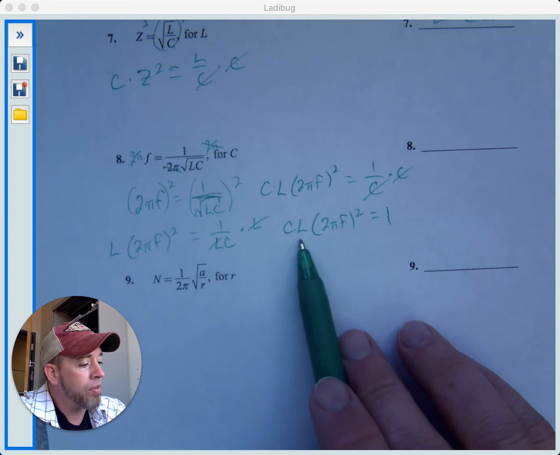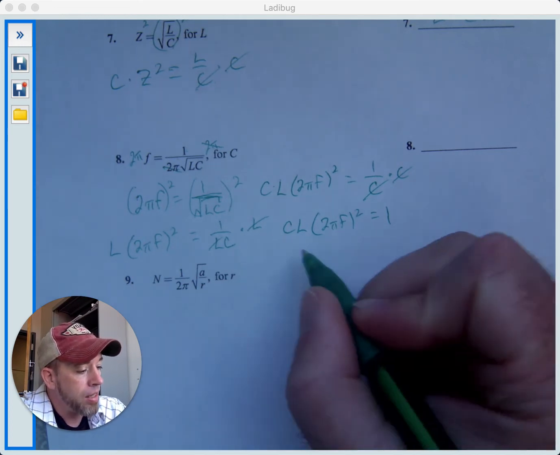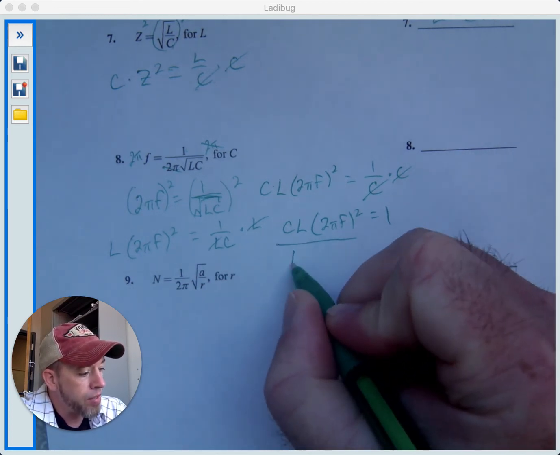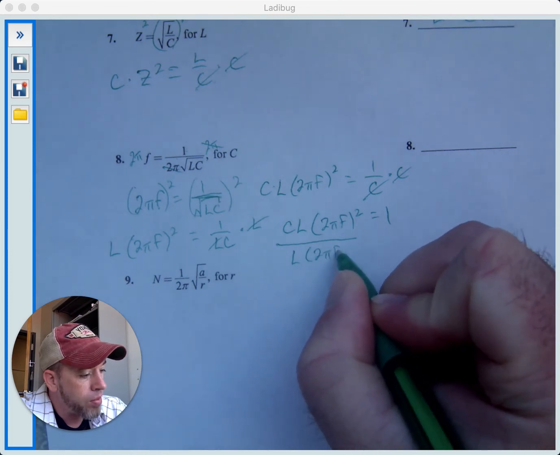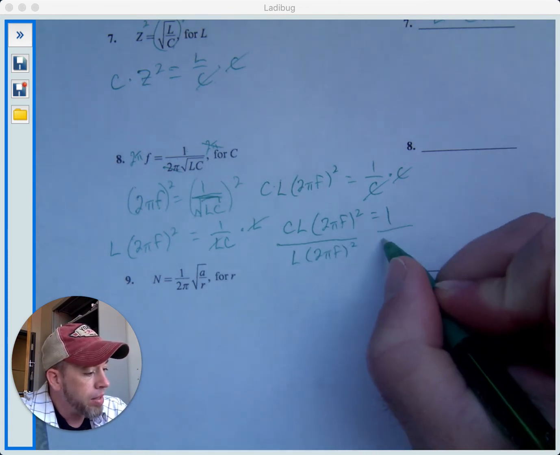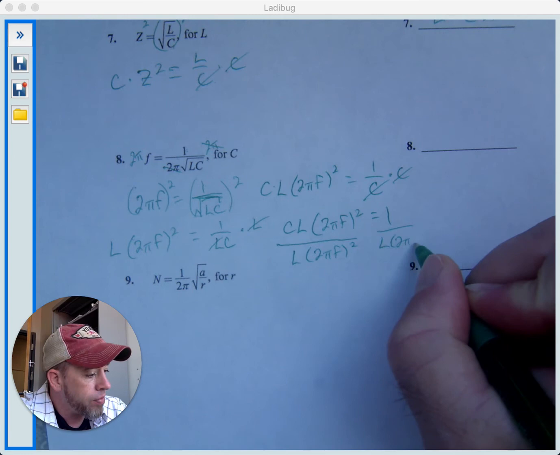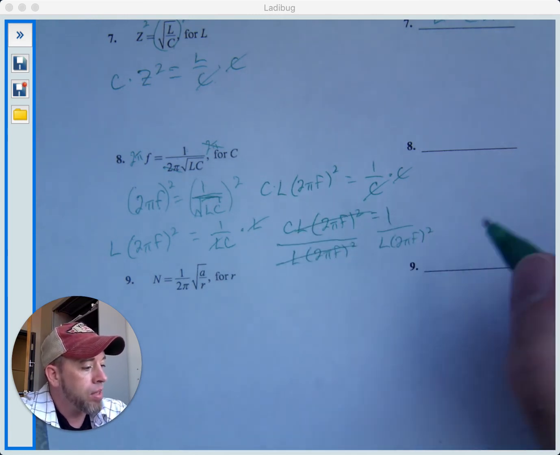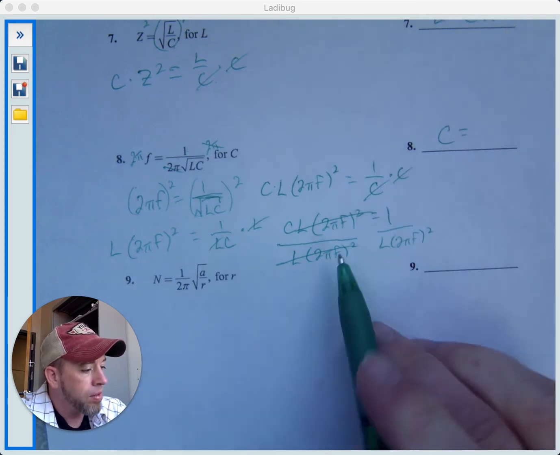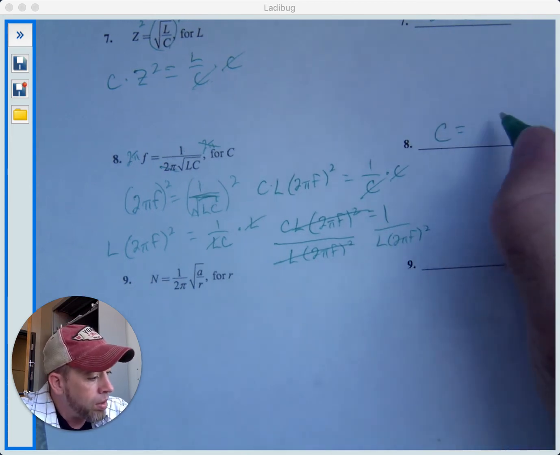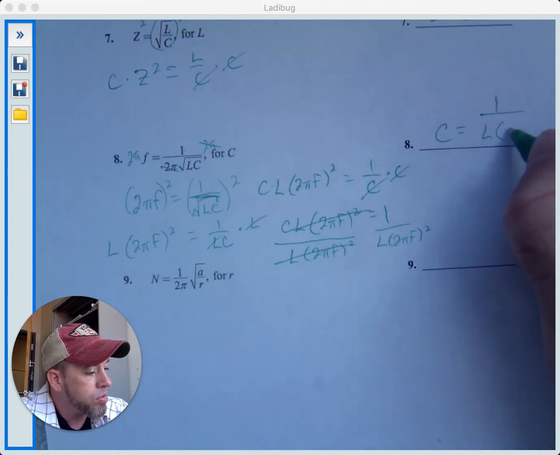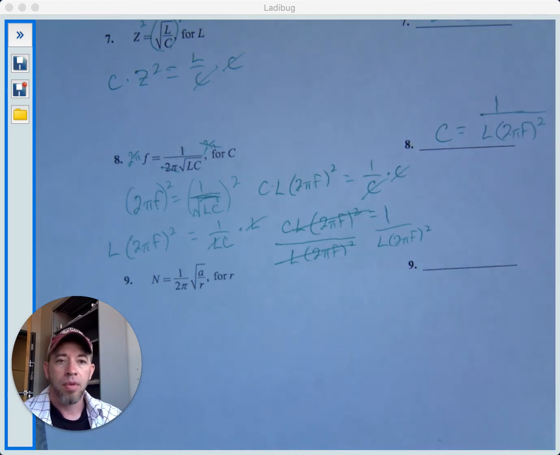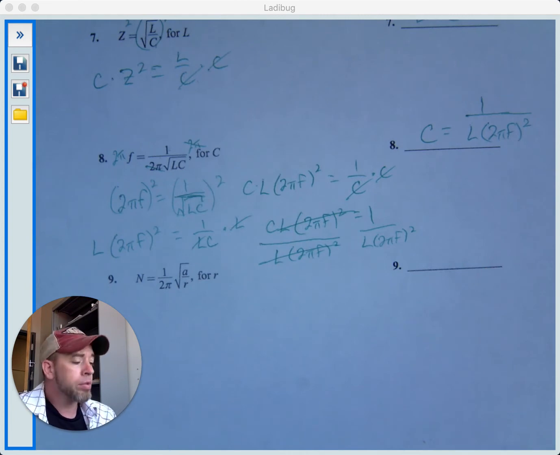We can move all this stuff to the right by simply dividing everything by all that stuff. L times 2 pi f quantity squared divided by L times 2 pi f quantity squared. And so all that cancels over here, and then we have our c equals 1 over L times 2 pi f quantity squared. Easy enough, right? That's not terrible.